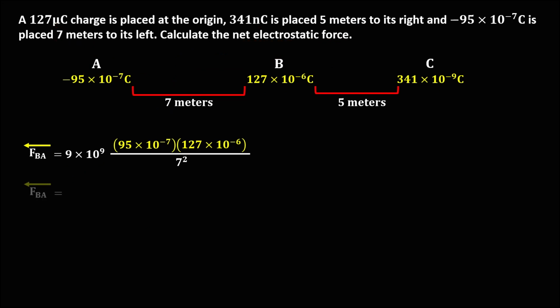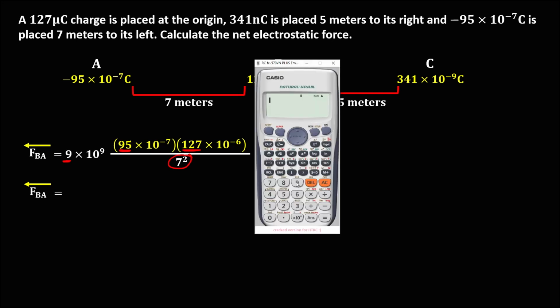So to find the force between B and A, first we need to multiply these three numbers, then divide by the square of the distance. So we have 9 times 95 times 127 equals, then divide by 7 squared.